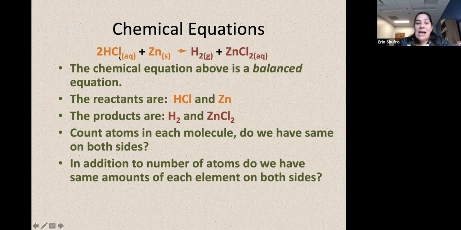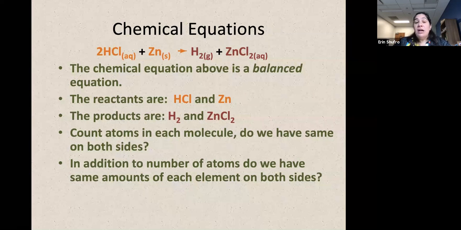So let's look at hydrogen. We have hydrogen atoms, and they're bonded to a chlorine. According to this coefficient out here, I have 2 HCl's. So I have essentially 2 hydrogens, each one bonded to a chlorine. So I have 2 hydrogen atoms on the left.